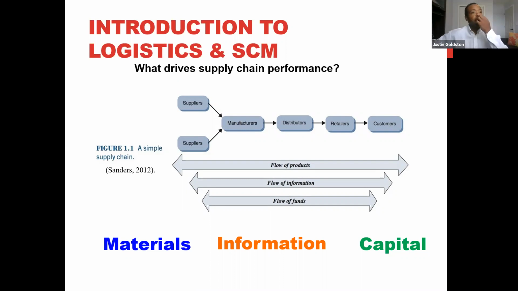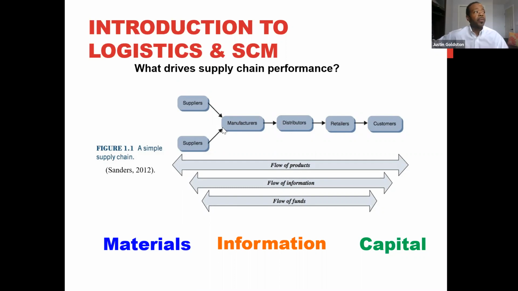Once Procter and Gamble receives those raw materials, that raw paper pulp, they're actually going to manufacture the toilet paper. You have different processes, which we'll talk about throughout this course once we talk about the process layout and the process design.